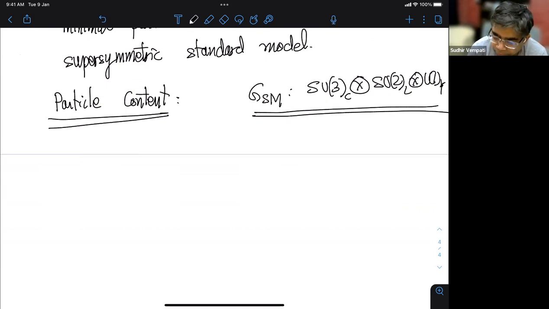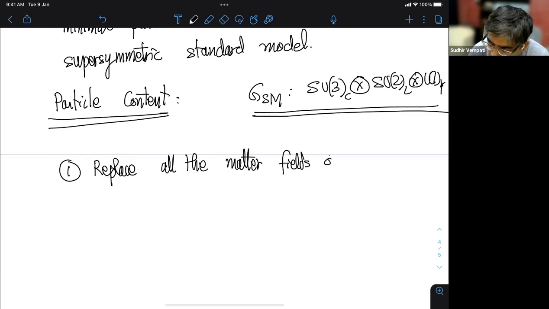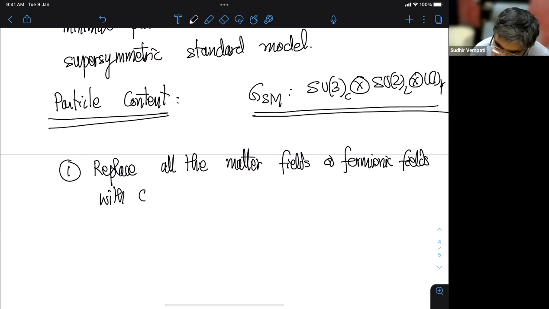So what is the rule for supersymmetrization? What we saw for QED: replace all the matter fields, the fermionic fields, with chiral superfields.